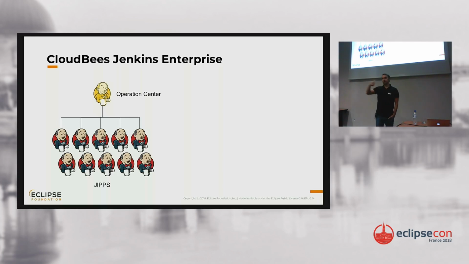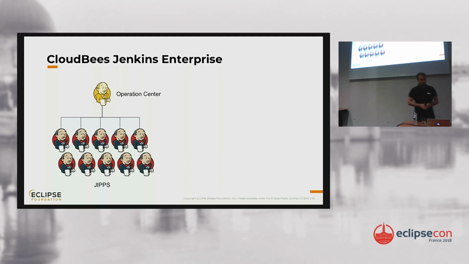You have a Jenkins master, which is called the Operation Center over there, which controls and lets you apply operations on all your instances. So here you have all the 200 instances that we are managing at the foundation, and here we have a single instance that controls all of them.